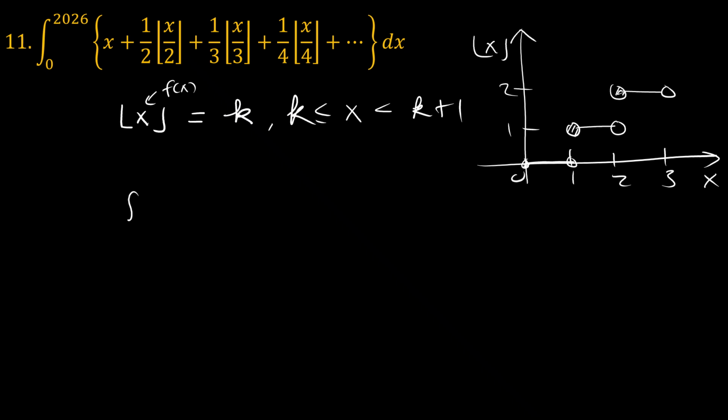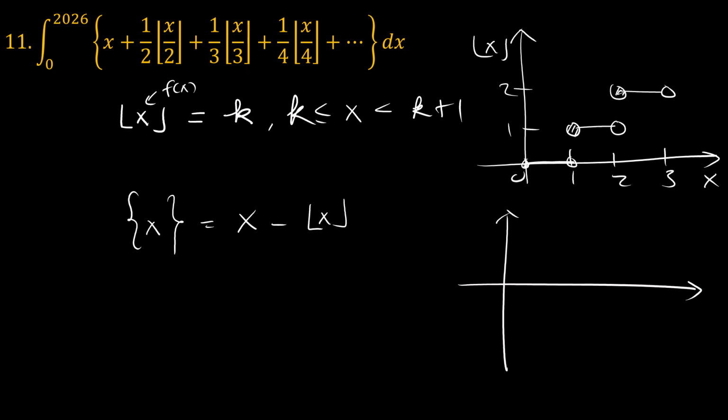What about the fractional part of x? The fractional part of x is equal to x minus the floor function of x, which means that it's always the remainder after every integer value. So if we look at the same situation from 0 to 1, 1 to 2, 2 to 3, we see that from 0 to 1, it increases up to 1, and then it jumps back to 0.